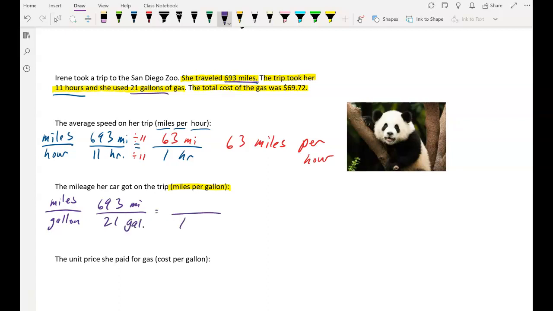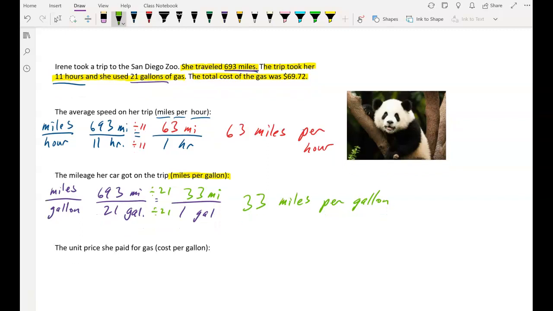So, how much is that for 1 gallon? Well, to get from 21 to 1, we have to divide by 21. And 693 divided by 21 is 33. 33 miles for 1 gallon. So 33 miles per gallon was her gas mileage.